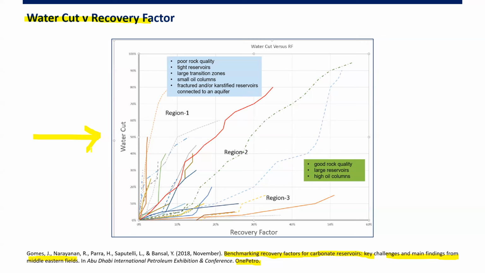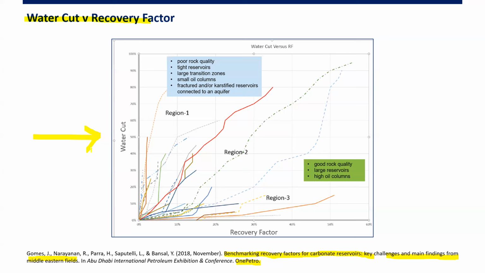And within the same reservoirs, maybe you can have zonations, maybe you have compartmentalizations, maybe in water flood, you have clusters or patterns. So you can compare the performance of those compartments within the same reservoir.